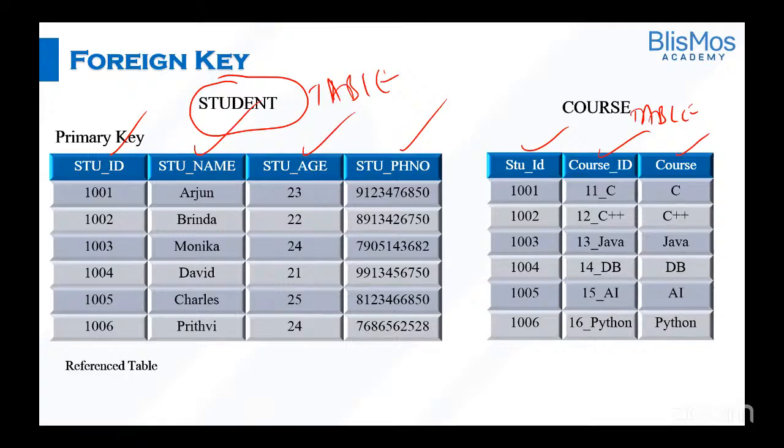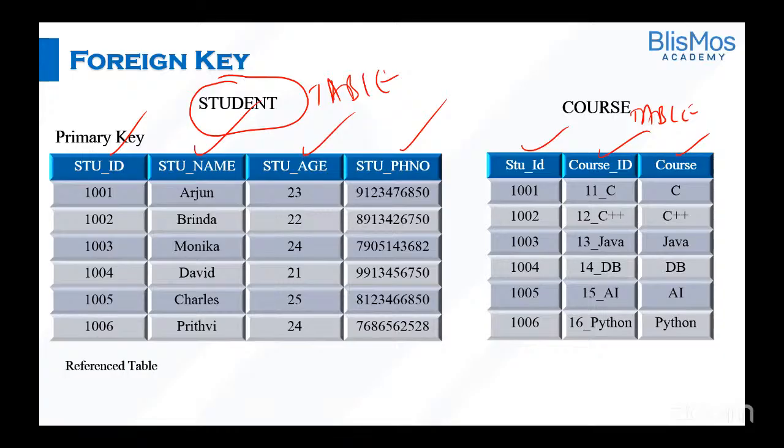Now, if I want to know which course Monica has taken, how do I know that? Using a foreign key, you can access the course ID and course name.